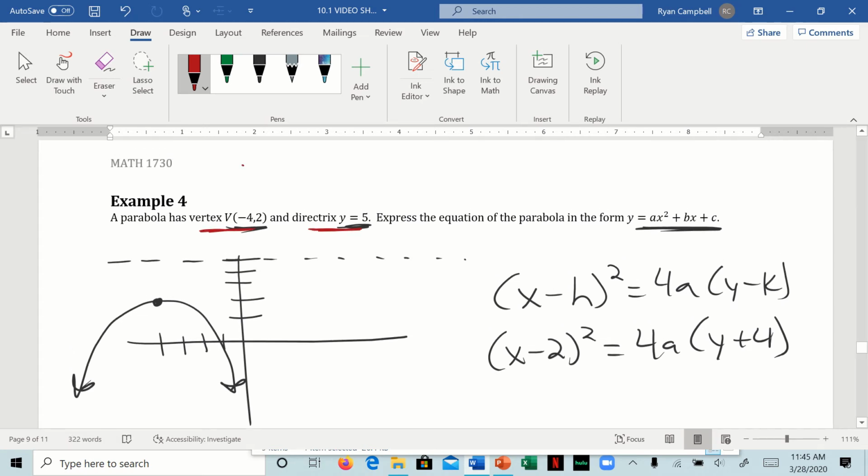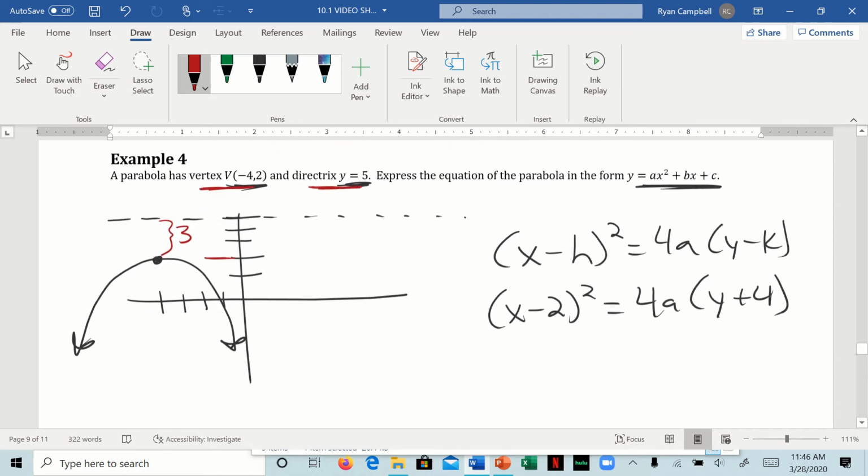How do you get the directrix if you know what the vertex is? Well, if you remember, you go outside a units. So if we go outside a units, if we're at 2, how far away is our directrix? We see it's 3 units. So a is 3. But remember, which direction is it going?